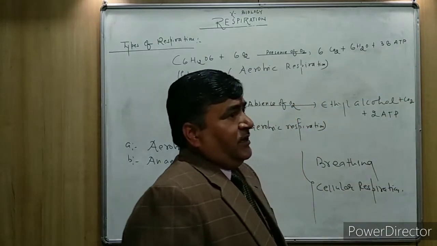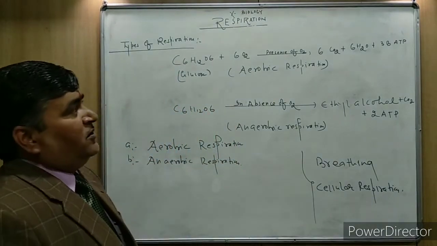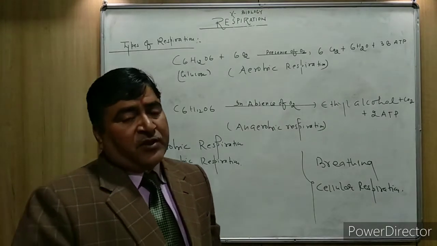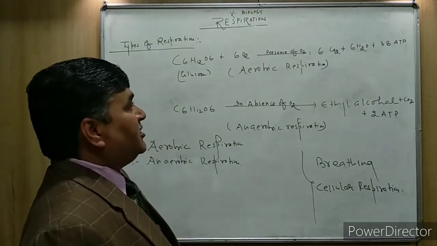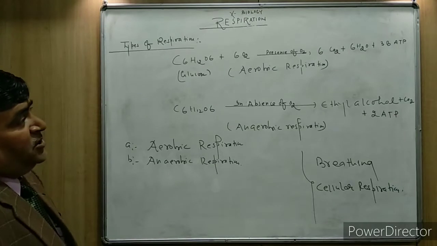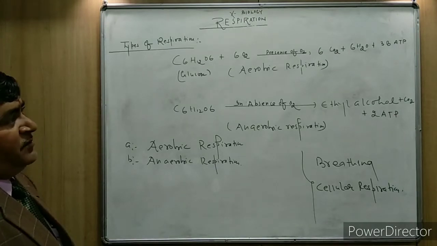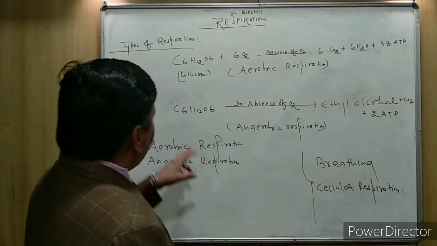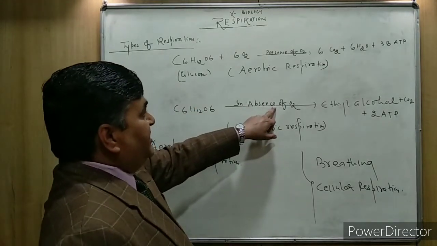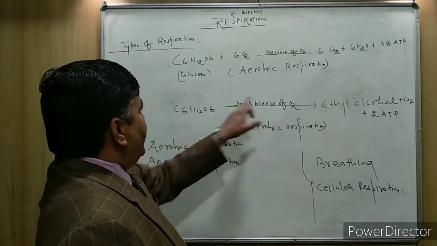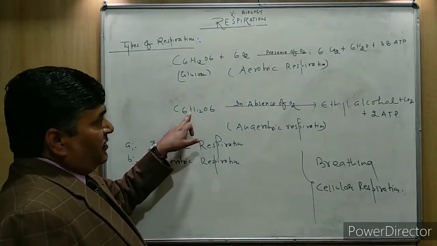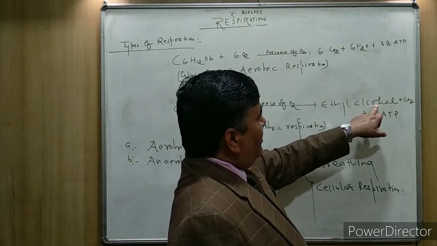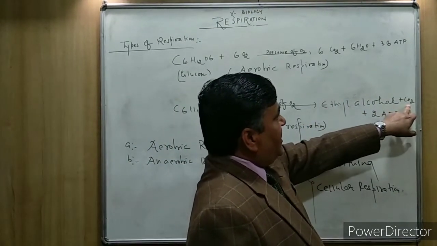ATP is a high energetic molecule. ATP is the currency of the cell. Whatever energy is produced during the process of respiration, the energy is stored in the form of adenosine triphosphate, that is ATP. When oxygen is absent, then glucose gives rise to ethyl alcohol plus carbon dioxide.